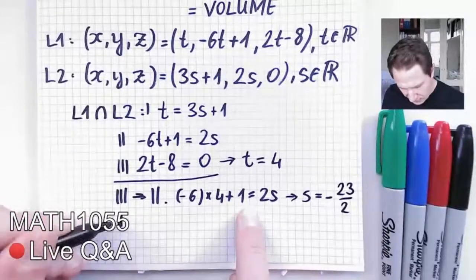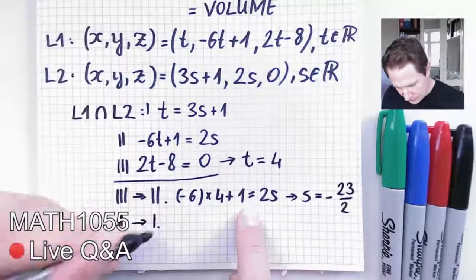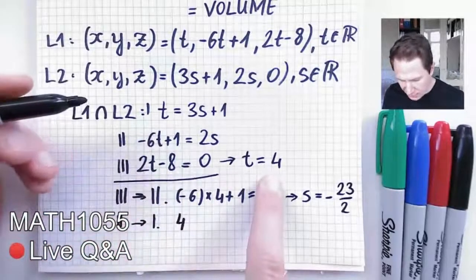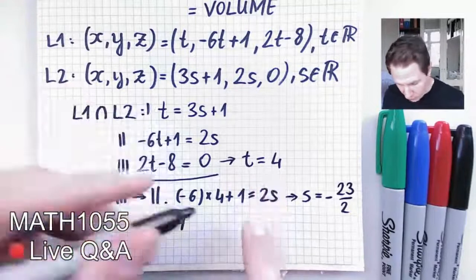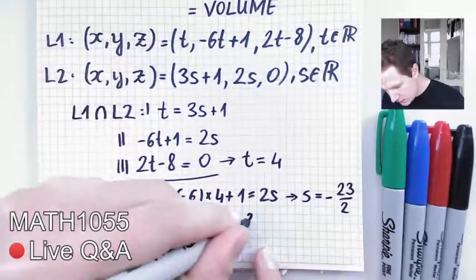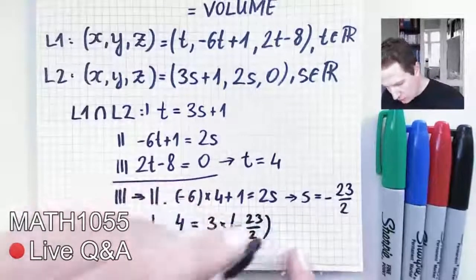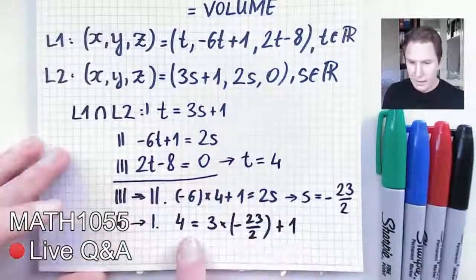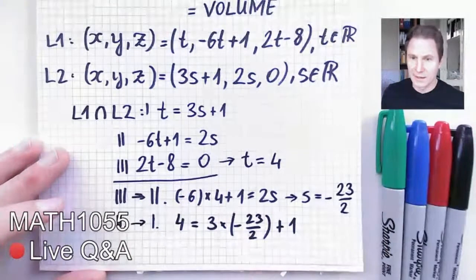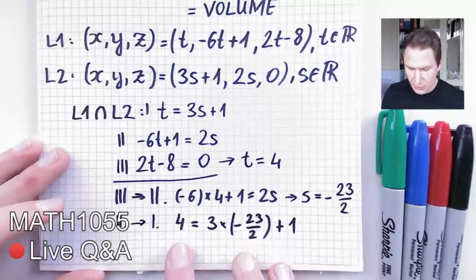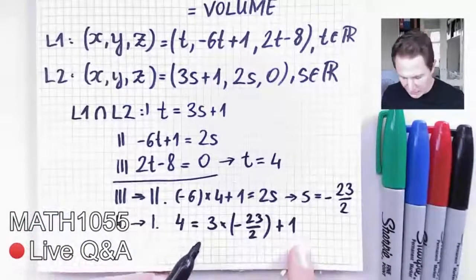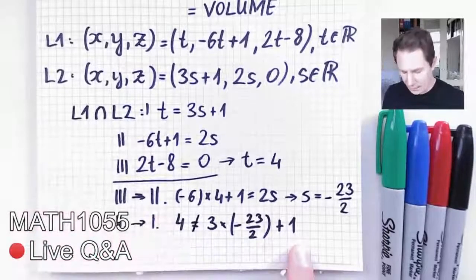Then, using this result in the first equation, we should have the following: t, which we found to be 4, should be equal to 3 times minus 23 over 2 plus 1. If you look at this equation, this is clearly a contradiction. The right-hand side is simply not equal to 4, so that's just not true.